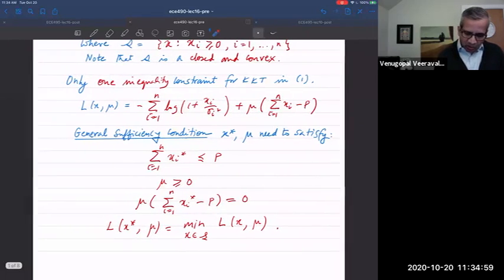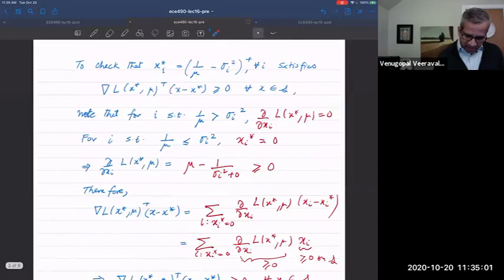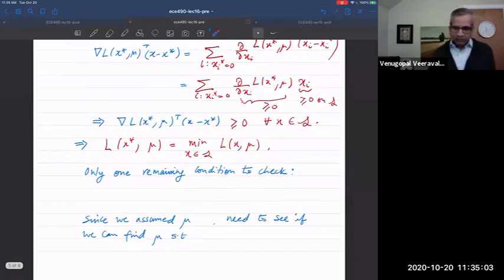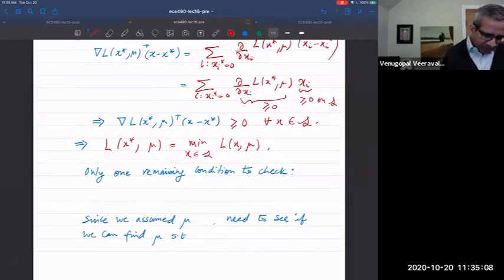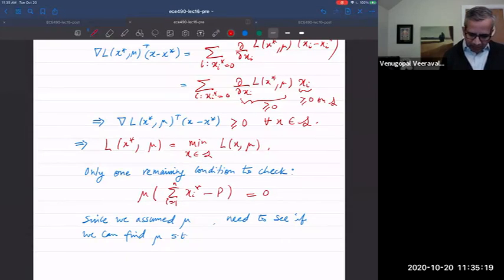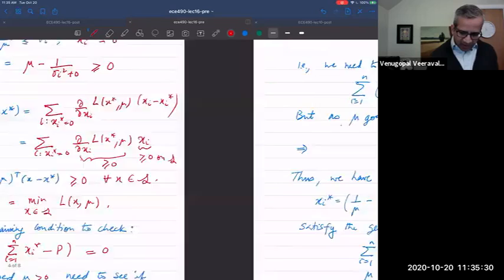Let's see if we can do that. We really need to check this complementary slackness condition. We assumed mu is positive, so we need to check that we can make the sum of xi star equal to p. But this is not that hard to see.